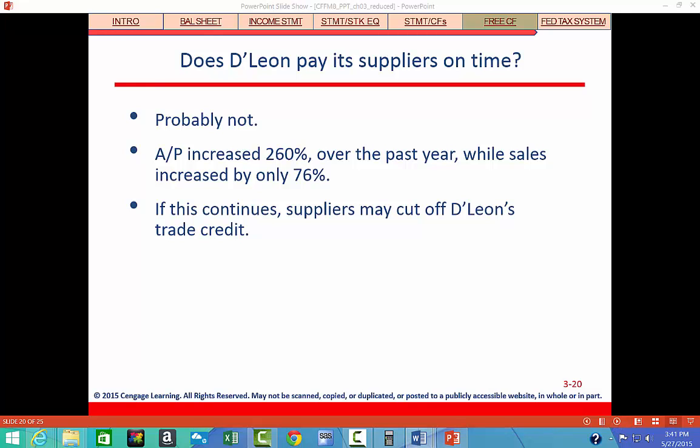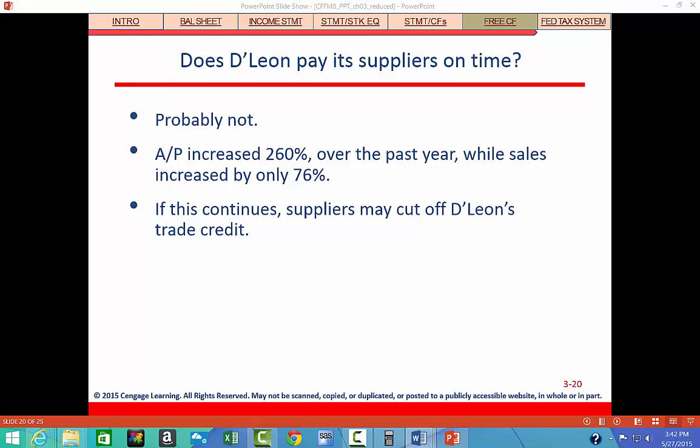So we already know that De Leon does not pay its suppliers on time. So what are some of the consequences that might occur if suppliers are not paid on time?